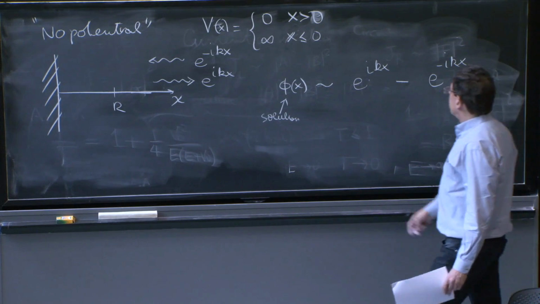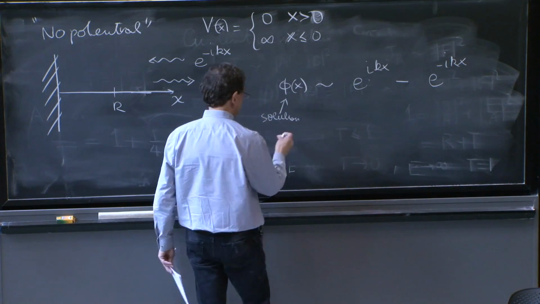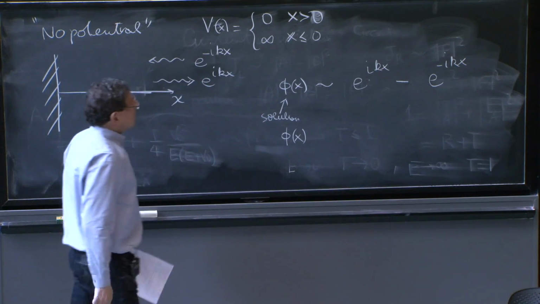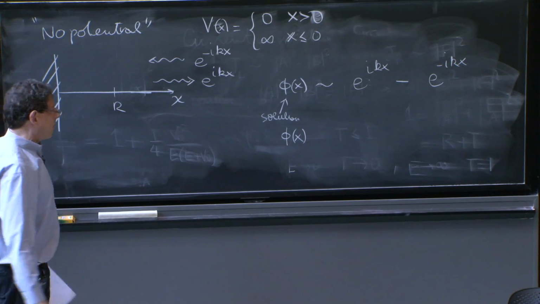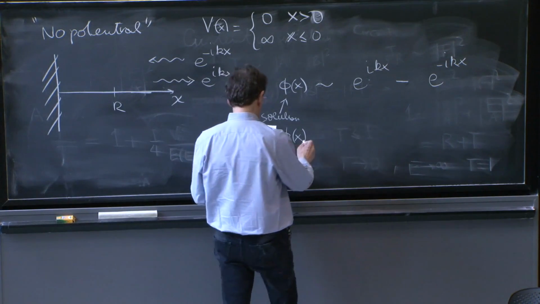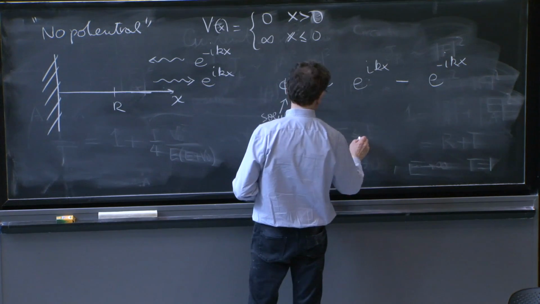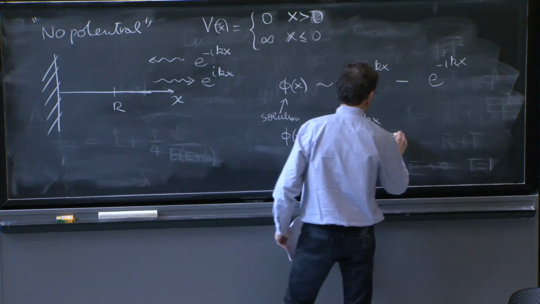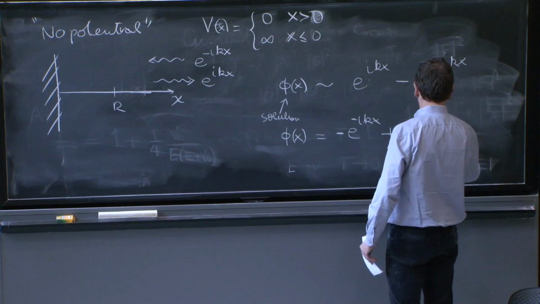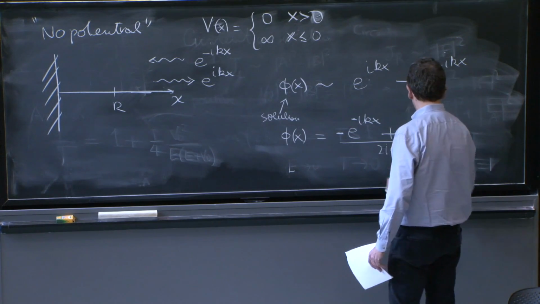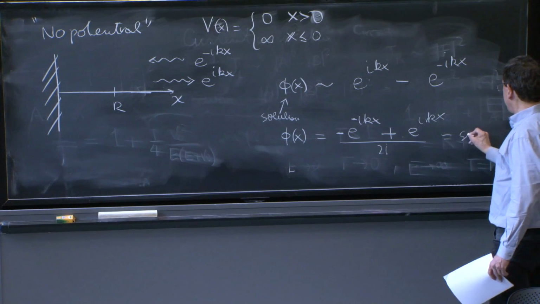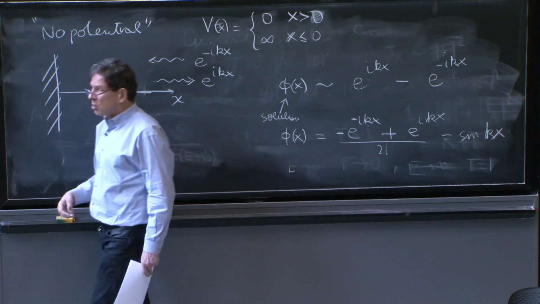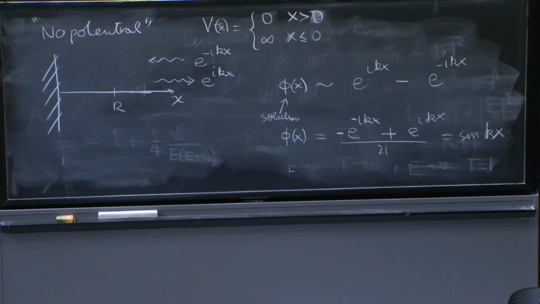In order to simplify this the best possible way, we can put a 1 over 2i over there so that we have a sine function. And the sine function is particularly nice. So we'll have e to the minus ikx plus e to the ikx over 2i. And this is just the sine of kx, which you would admit is the solution over here.